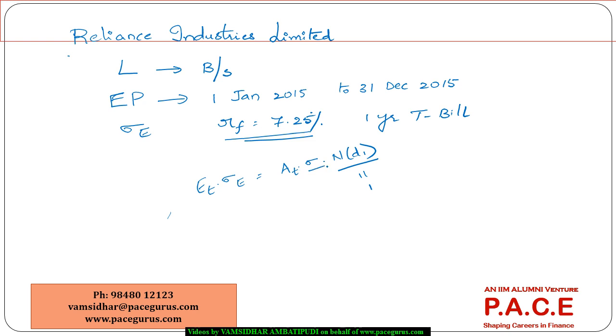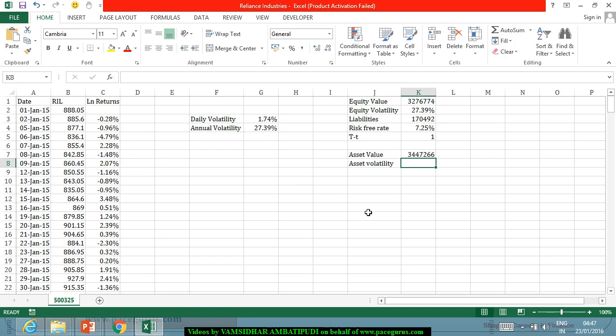Using that, I'll find the asset volatility as value of equity multiplied by the standard deviation of equity divided by the value of the asset. So I am taking this to be the asset volatility to start with. Fair enough.